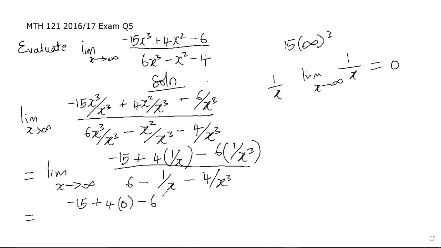Minus 6 into 1 over x raised to 3, it's still the same. So the limit of this one is 0.